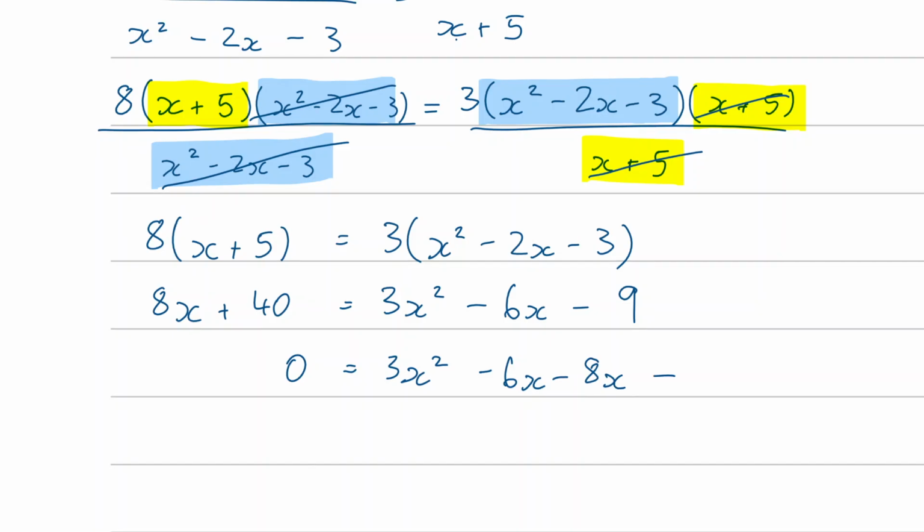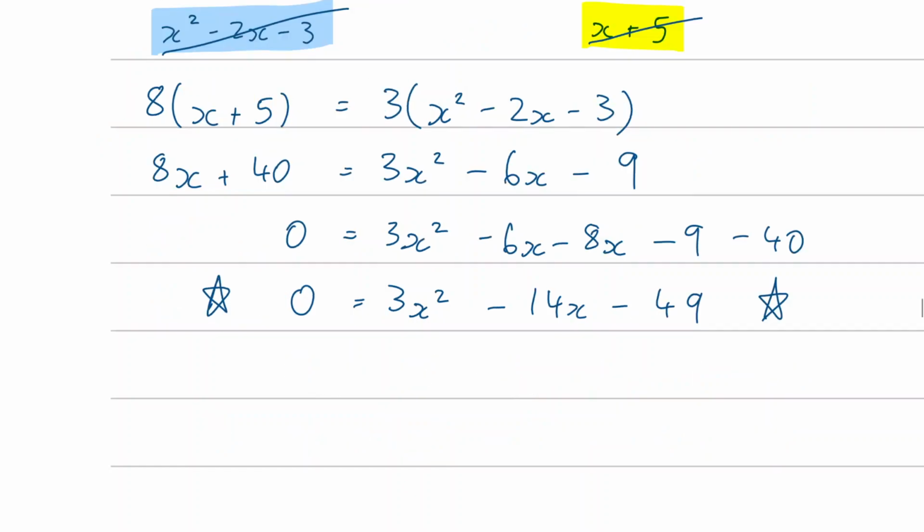And that simplifies to 3x squared minus 14x minus 49. Wonderful. So this is where you want to be. We have a quadratic equation in standard form. So now we can factorize it and then solve for x.